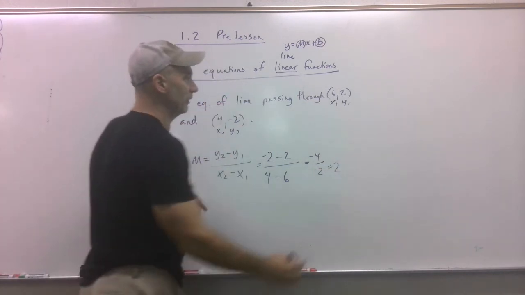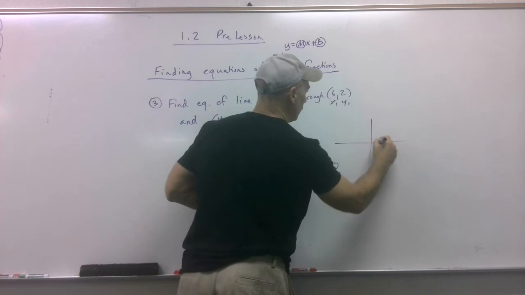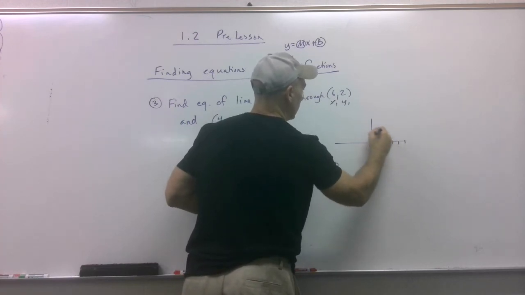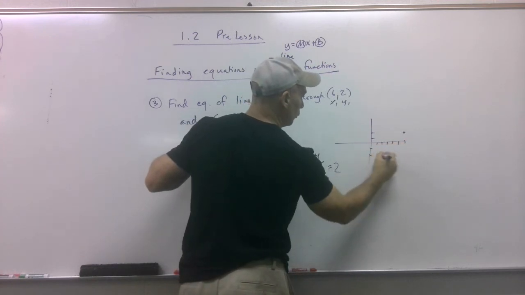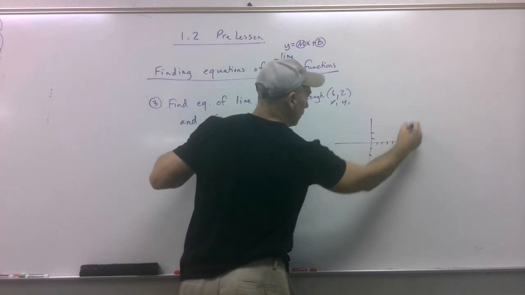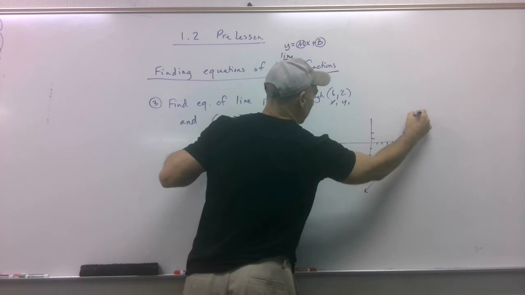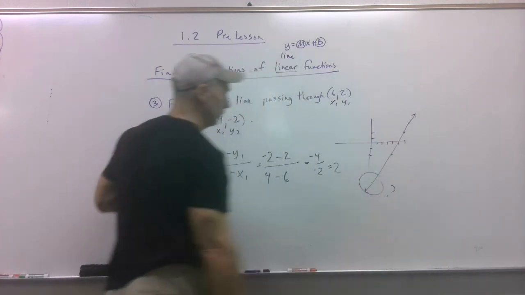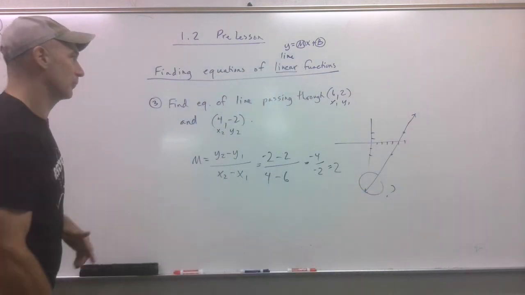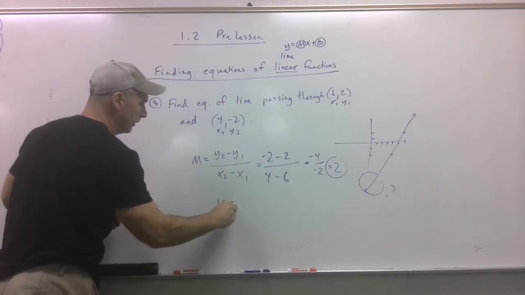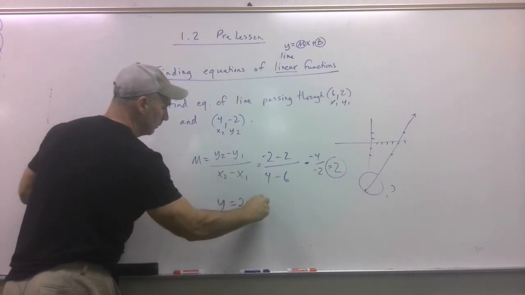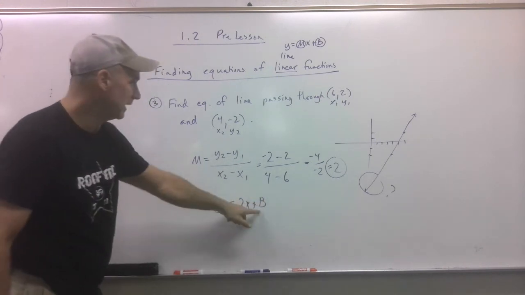Now, if this was given to you in picture form, 2, and 4, -2 would be right about there. We can see our y-intercept is going to be down here somewhere. How are we going to find that? Well, we found our slope, so we're going to fill at least that part in, and then we've got to get creative to find our b.